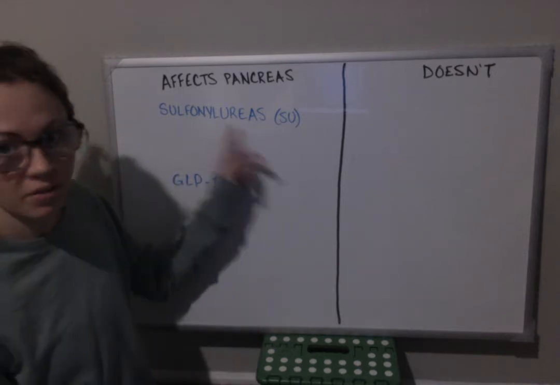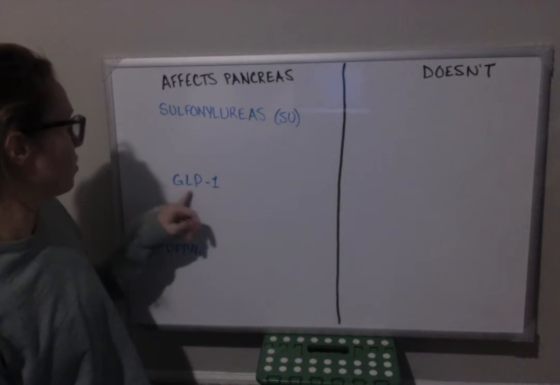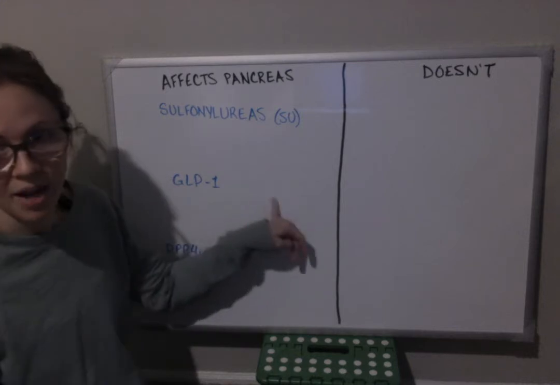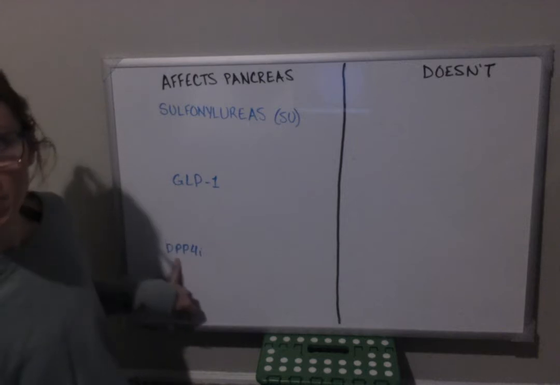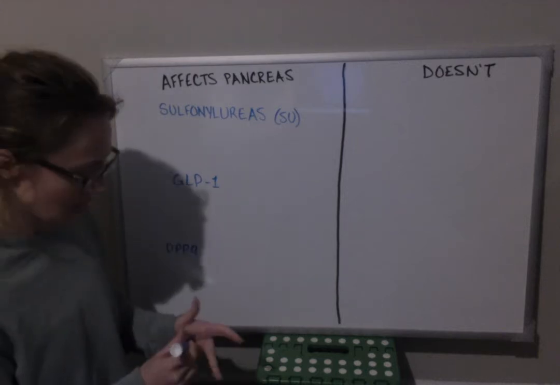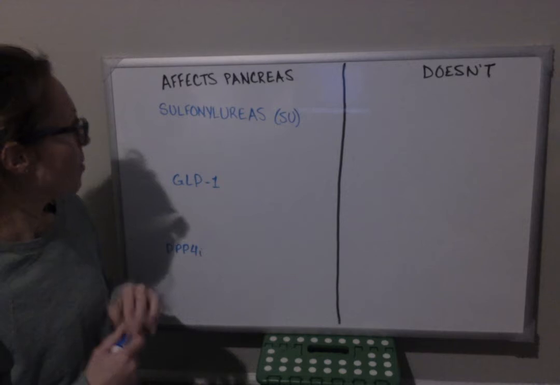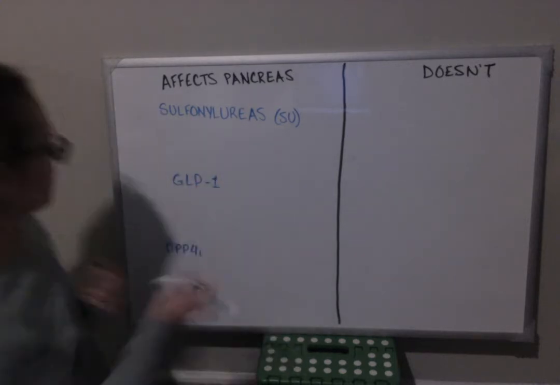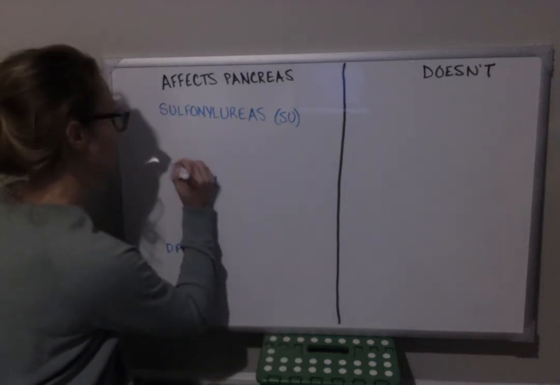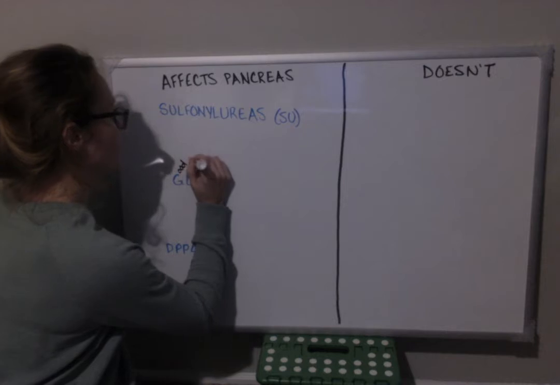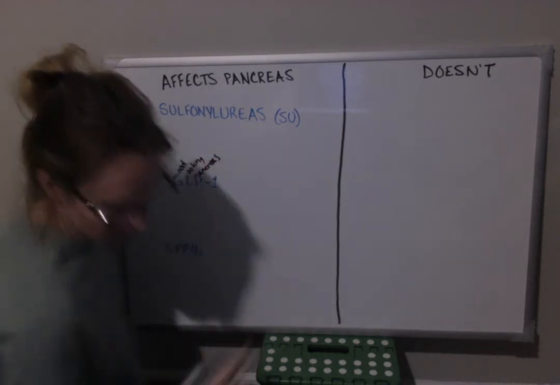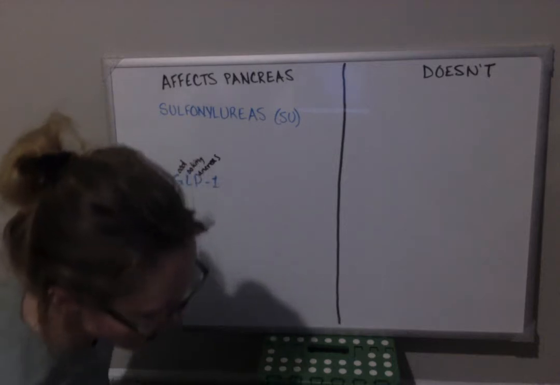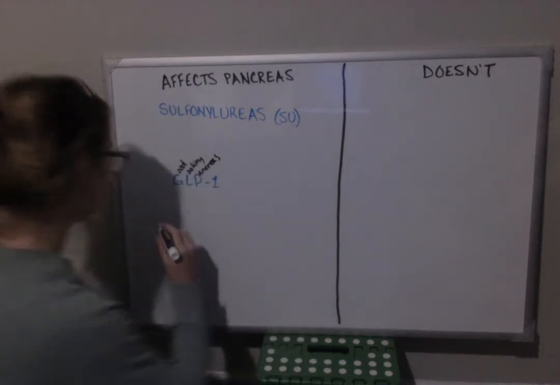So sulfonylureas is SU, and then we've got our glucagon-like peptide 1 receptor agonist, but I just wrote GLP-1, and then DPP4i. And how I remember these is, this one is good-looking pancreas. So obviously that one affects the pancreas. And this one is dump and pump pancreas.